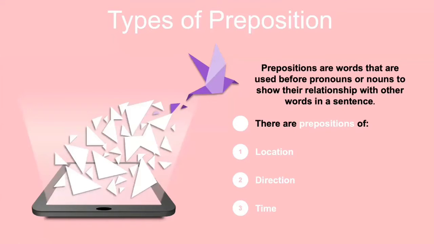First off, we're going to start with prepositions. Prepositions are words that are used before pronouns or nouns to show their relationship with other words in a sentence. There are 3 types of prepositions that we are going to learn about today, which are location, direction, and time.